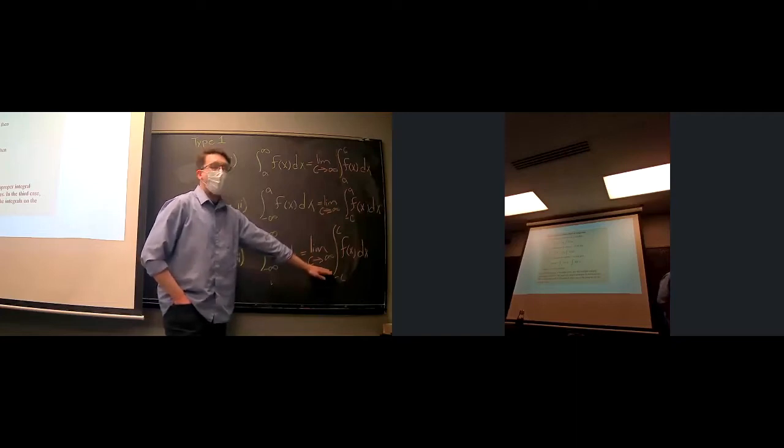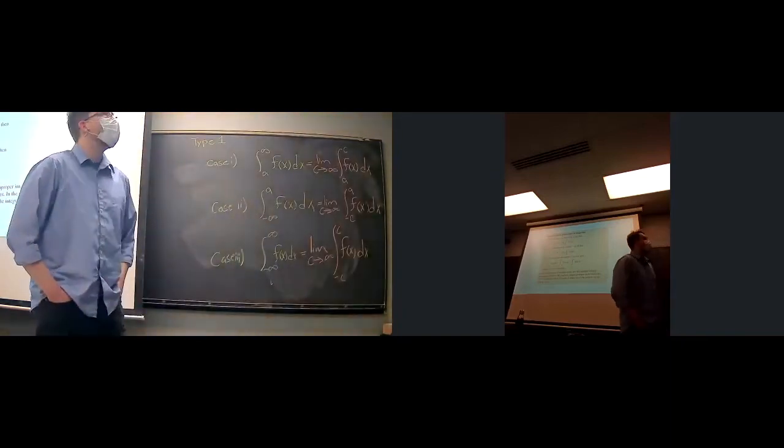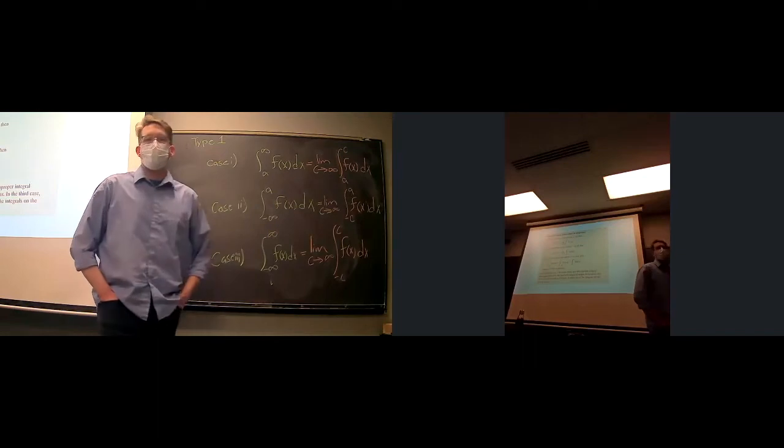But if it comes out as infinity or negative infinity or does not exist, then we say that that improper integral diverges. So converge means you get an answer, diverge is everything else. I should say converge is you get an answer not equal to infinity or negative infinity, and then diverge is everything else.